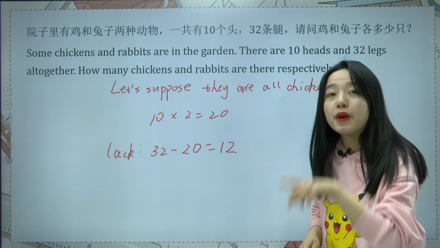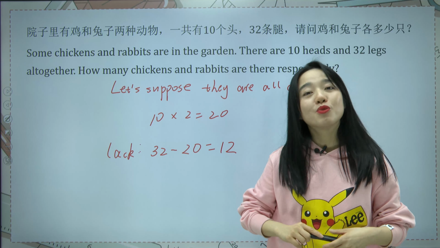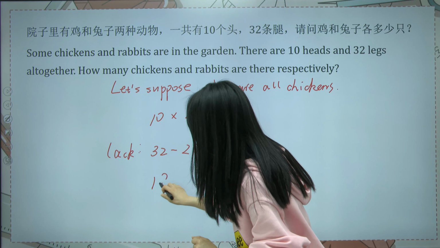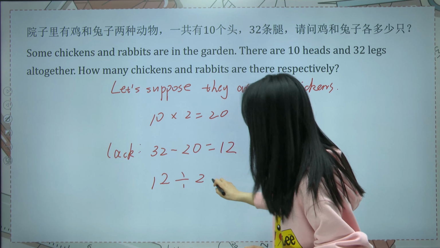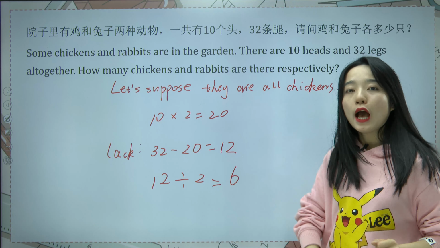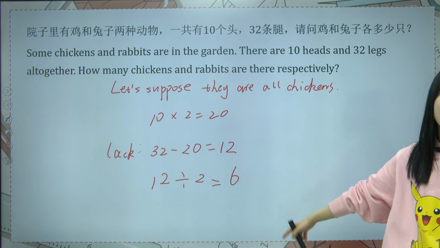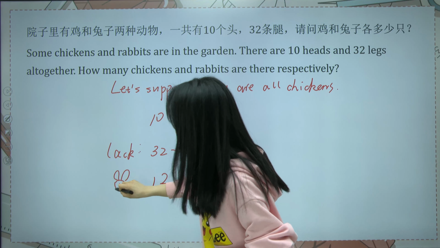So if we make 1 chicken become 1 rabbit, how many more legs do we have? 2 more. We need 12 altogether. So how many chickens do we need to make into rabbits? 6 rabbits.